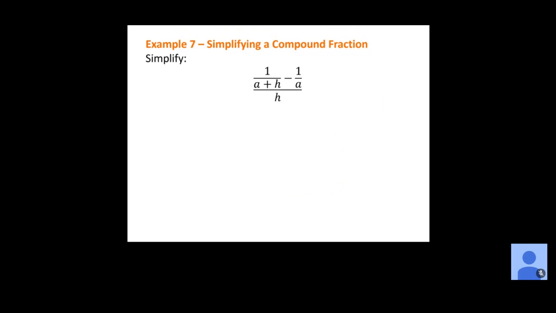All right. So we've got another compound fraction here, right? Fractions in the numerator this time. We want to simplify this. All right, so what's the first thing we need to do here?